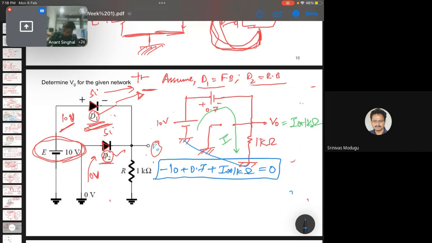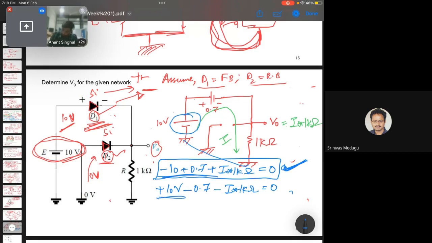Again, I'll try to explain. We can also write this in another way: this is plus 10 volt, and then there will be a drop of minus 0.7, since the current is in this direction. This is the alternate way of writing it, but the first is more simplistic. I hope you get it from this equation better than this.